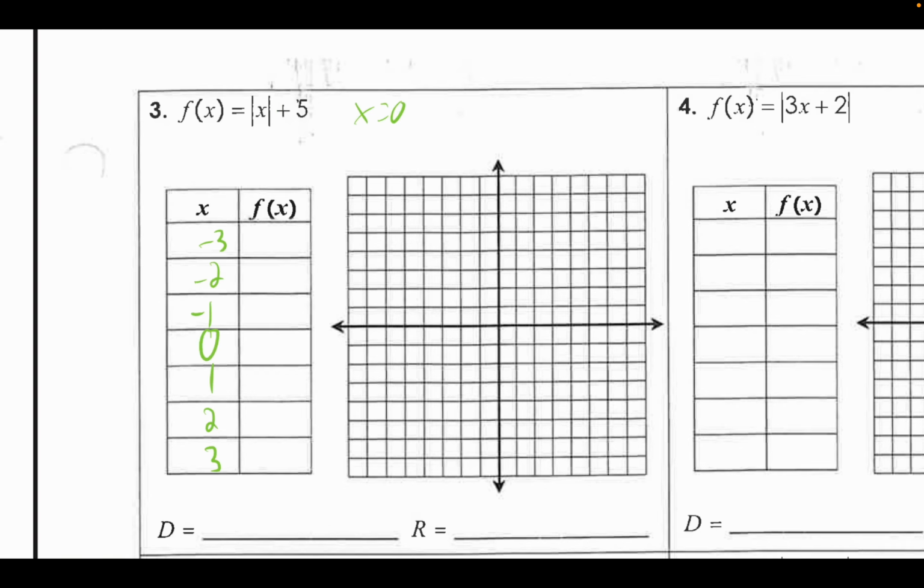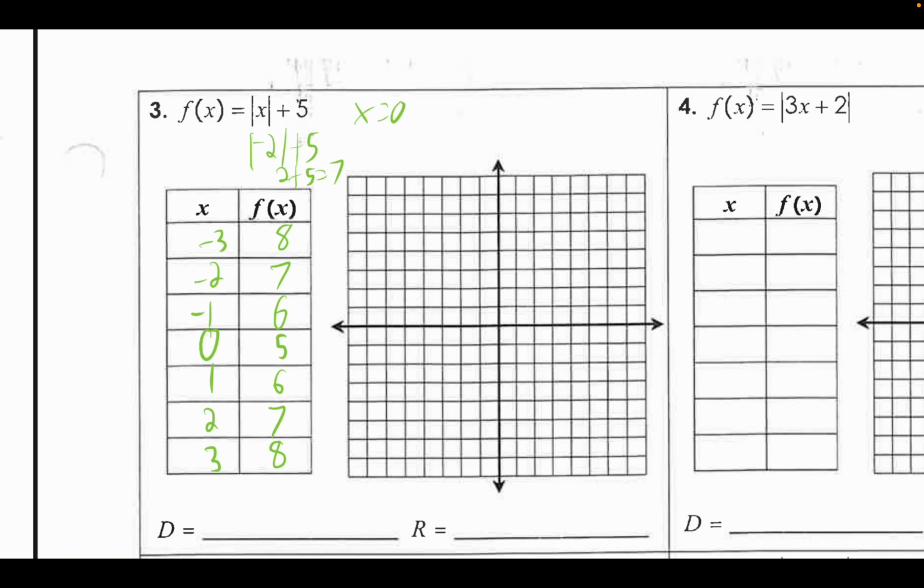Plug these in, and as I plug these in, I end up getting 8, 7, 6, 5, 6, 7, and 8. And if you were to evaluate that, you would find the exact same thing, such as like negative 2, the absolute value of that plus 5 is 2 plus 5, or 7, as we see right here.